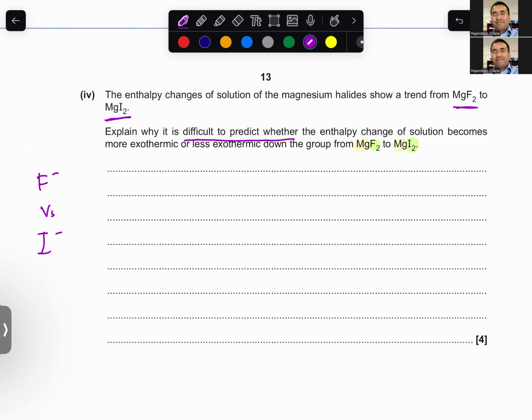But we can say that the iodide ion has a greater ionic radius. Because it has a greater ionic radius, its charge density will be less. So I minus has a greater ionic radius, so its charge density will be less.